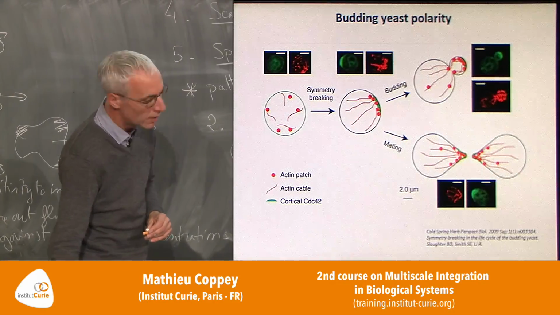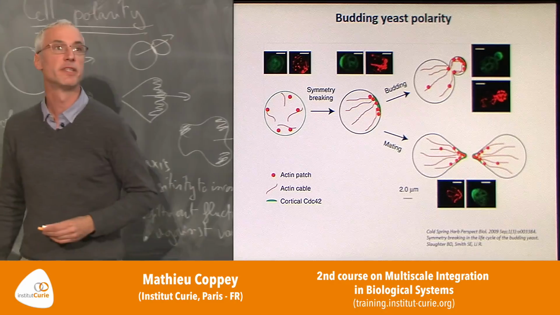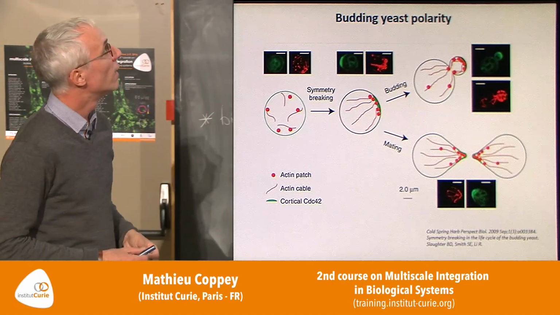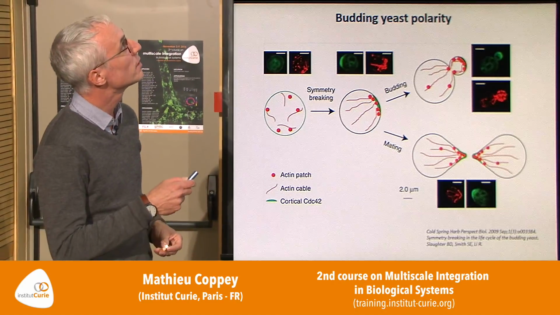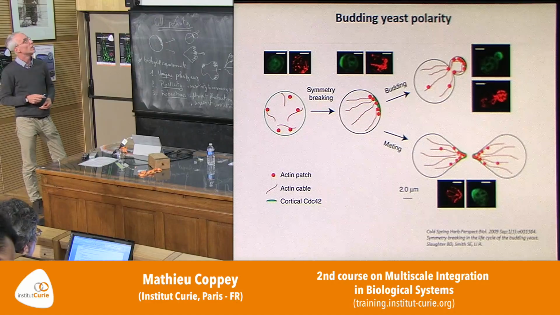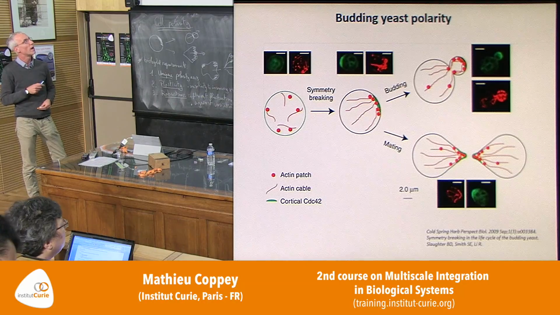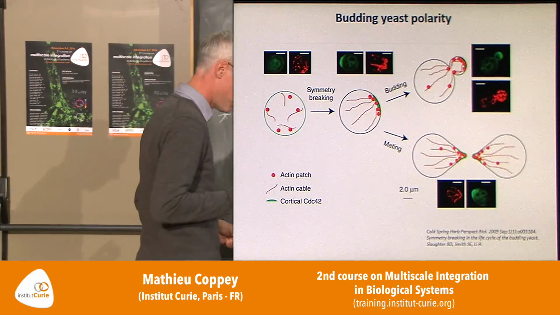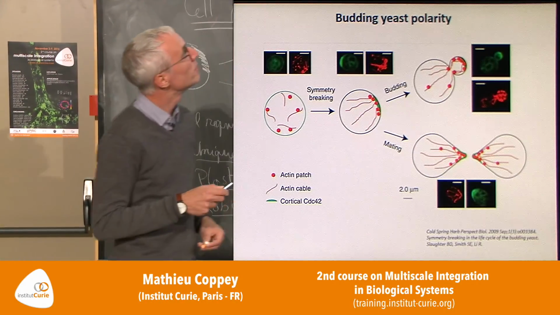So to give you some idea of where in biology we found this kind of model for cell polarity, the best studied example is budding yeast polarity, where the yeast is going to make polar cues because of two processes.